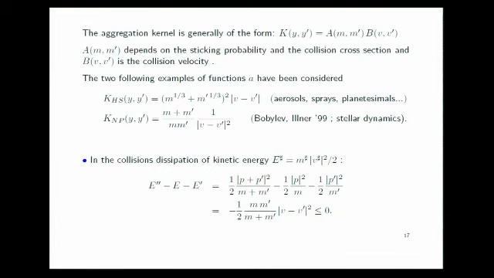That's perhaps the most usual example in 3D. I've taken the sticky probability to be 1. That's what I call the collision cross-section, and that's the difference of velocities of the two particles.